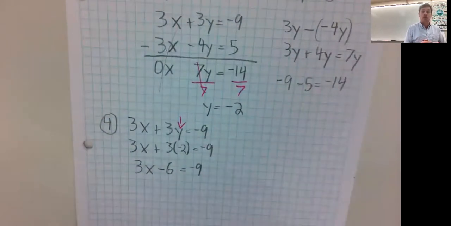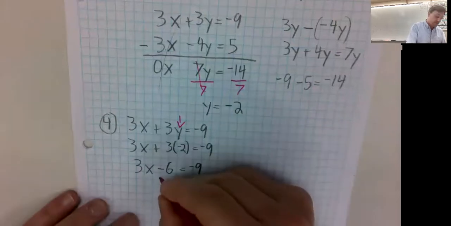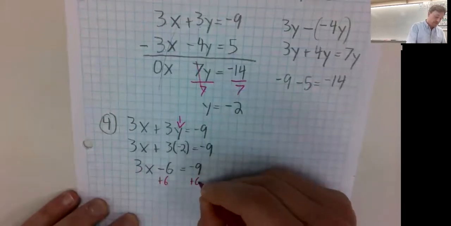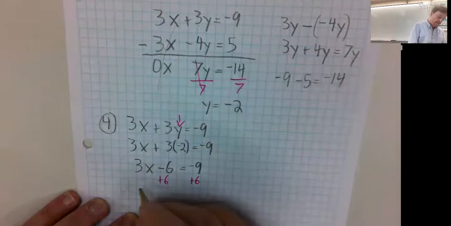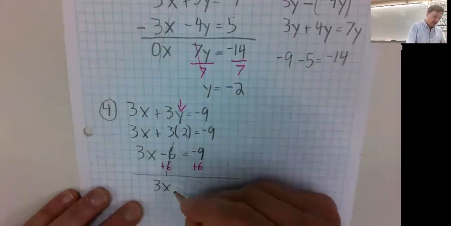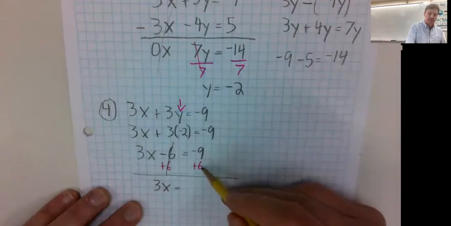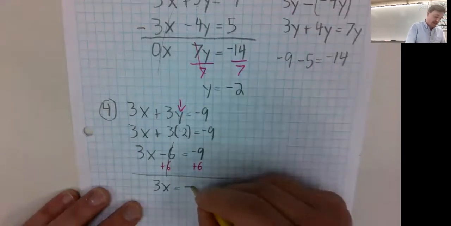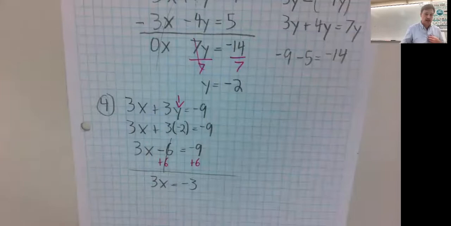And now we are ready to use SAD MEG. We're going to add and subtract first. So I get the 6's out of there. I got 3x equals negative 9 plus 6. That's a negative 3, keeping track of my signs.